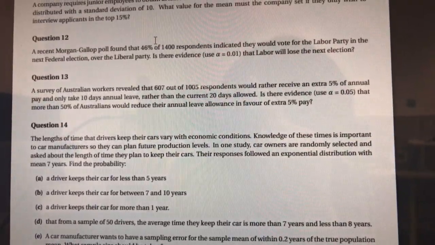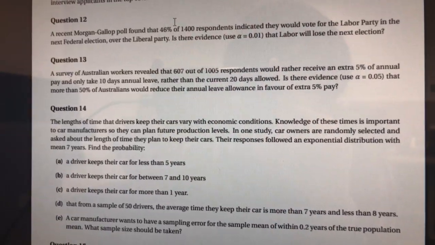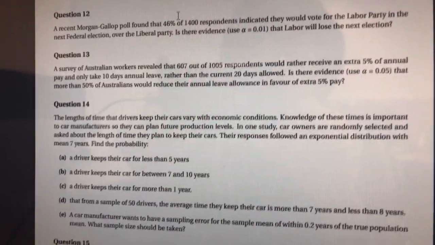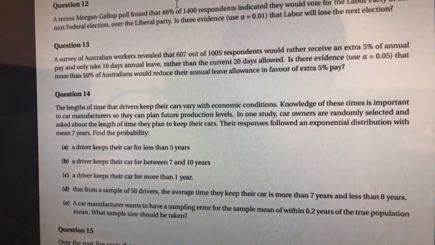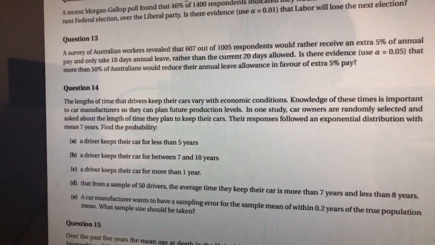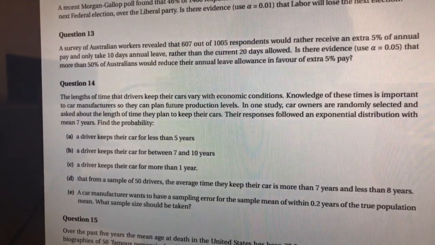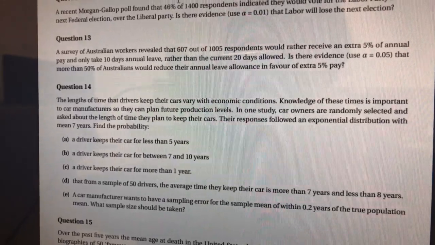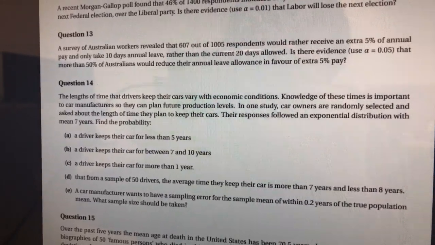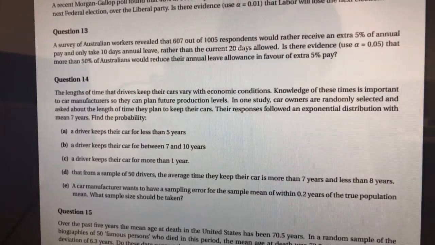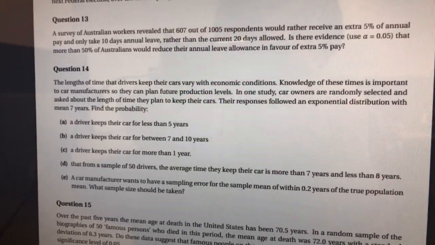So question 13 is talking about a survey of Australian workers that revealed that 607 out of 1,005 respondents would rather receive an extra 5% of annual pay and only take 10 days of annual leave rather than the current 20 days allowed.